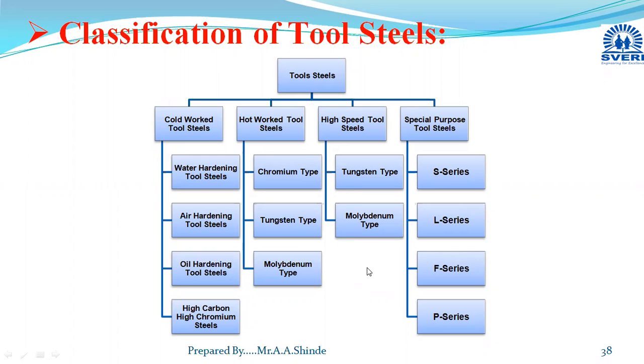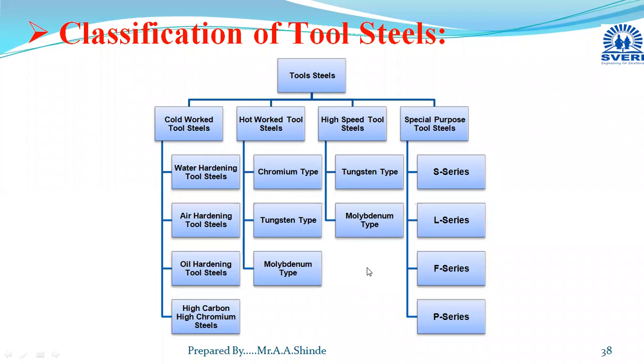Depending on working conditions, whether we are working above the recrystallization temperature or below it, we have classified these processes as cold working operations and hot working operations. But what is the meaning of recrystallization temperature?